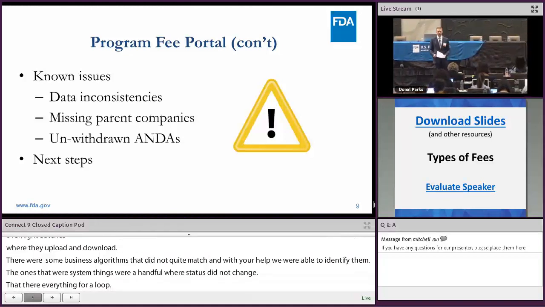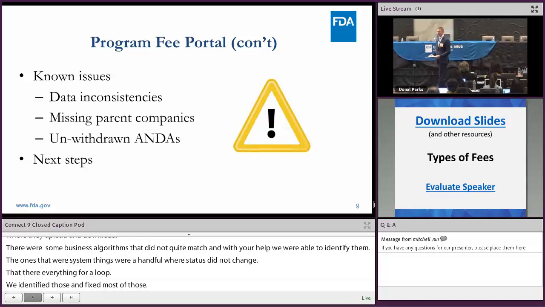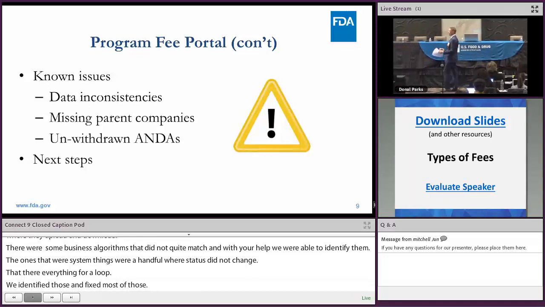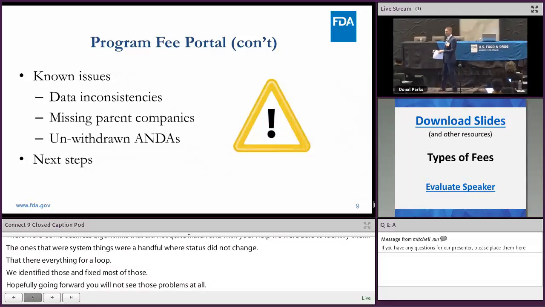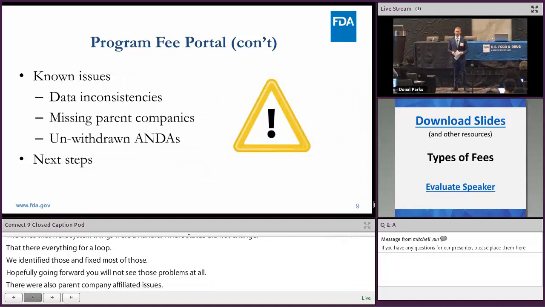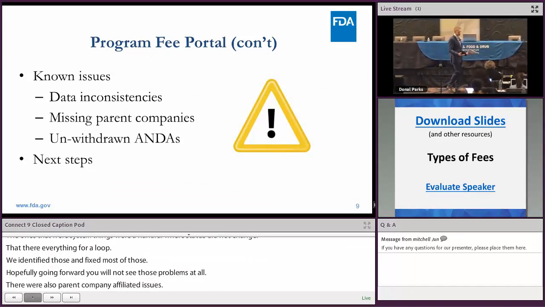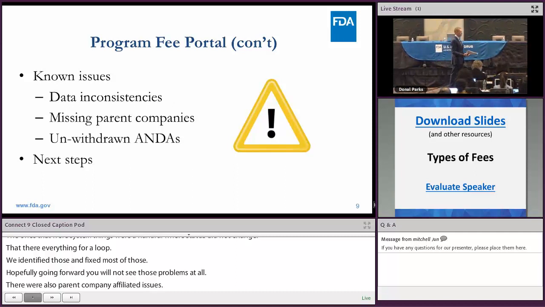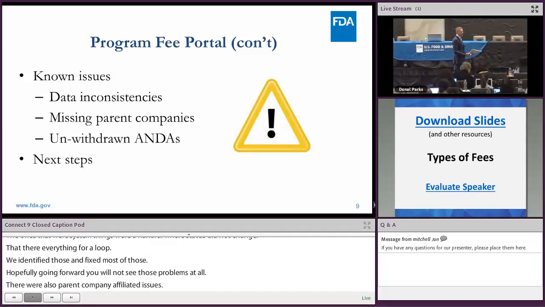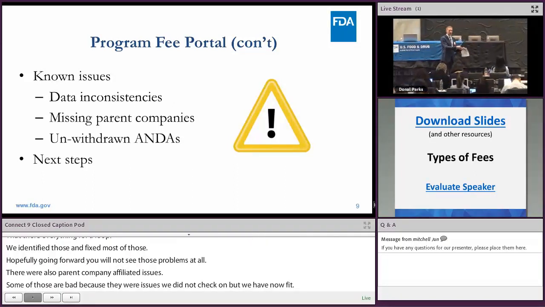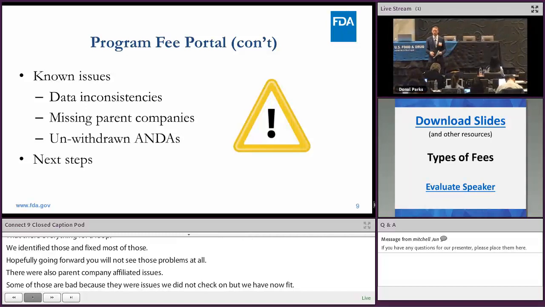There were also parent company or affiliate issues. And so some of those are bad because there were some issues we hadn't checked for on our end, which we've now fixed. Some of them, it turns out, were cases where maybe last year somebody at your company had reported, here's my set of things, here's my affiliates, here's my parent relationship.